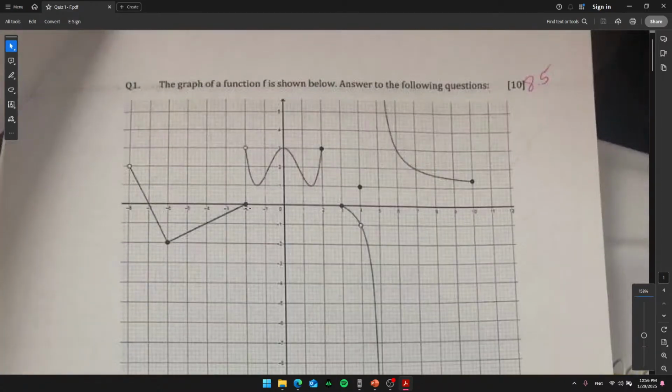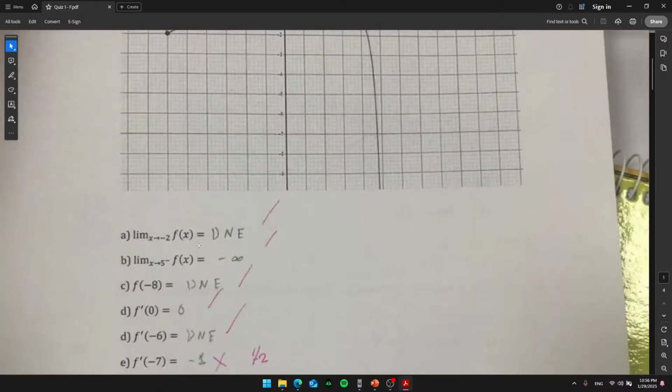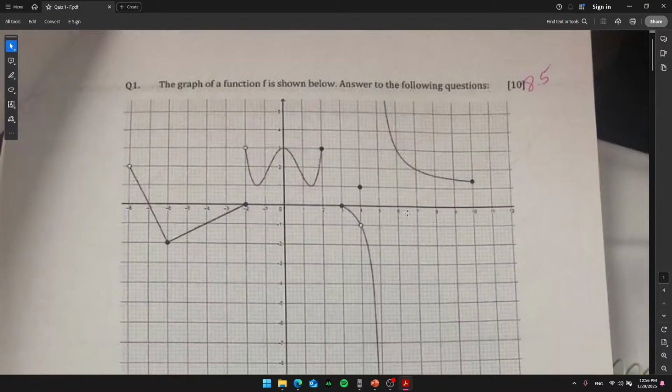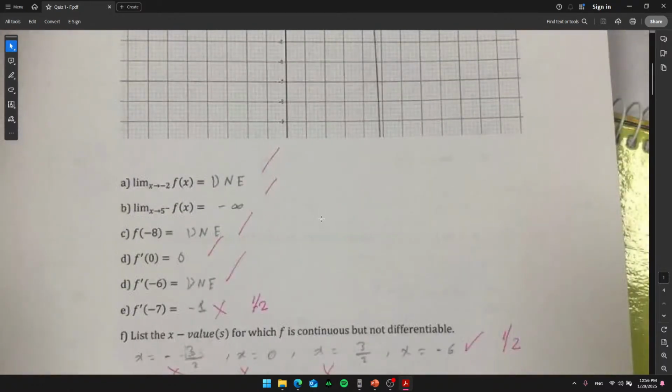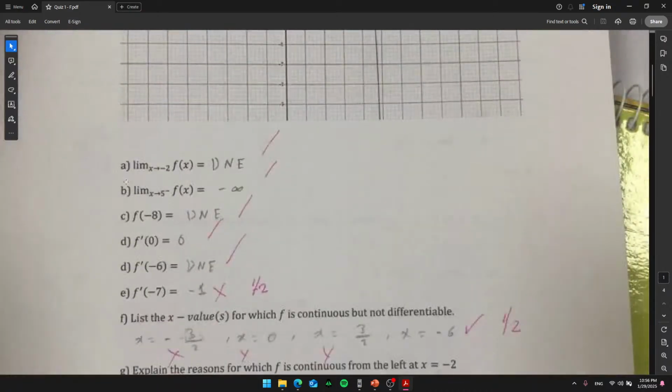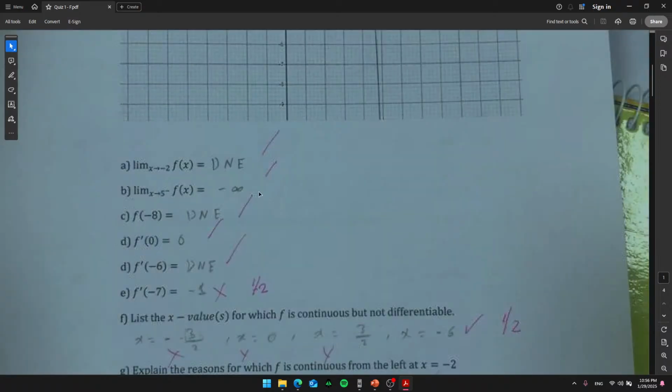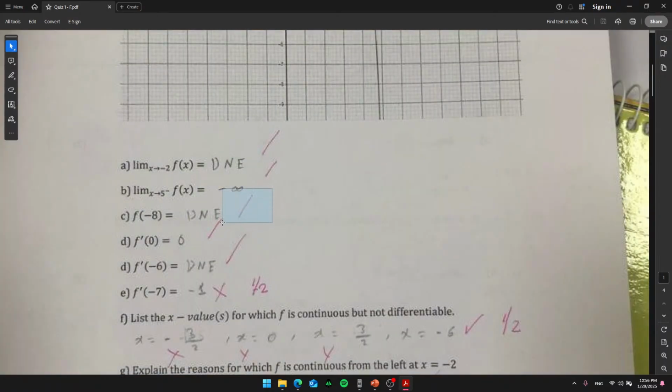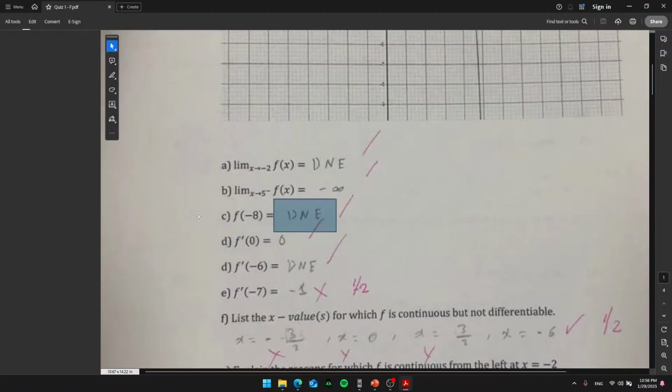Negative 2, negative 2. Okay, does not exist. 5 from the left, negative infinity. Negative 8. Undefined. Does not exist, and he considered it as correct. He should write undefined.